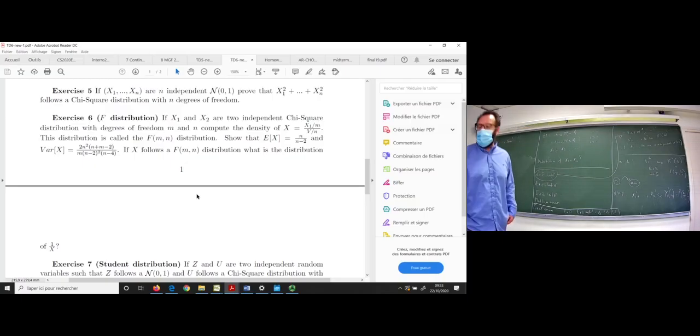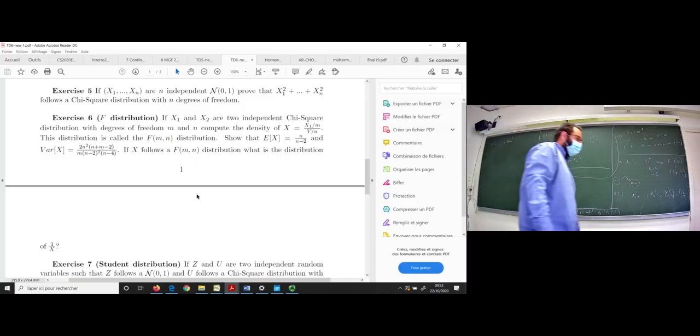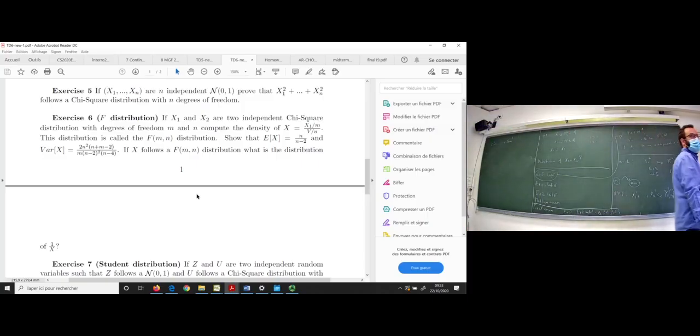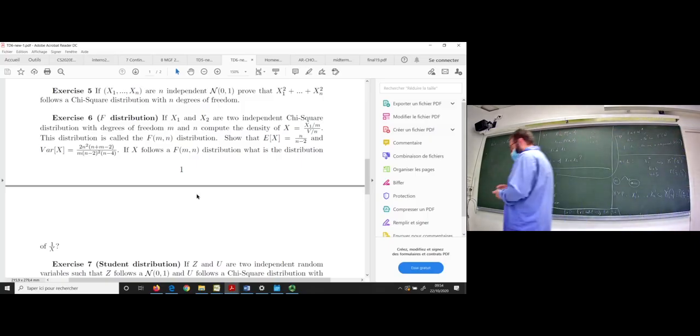As usual, when you do an induction, the idea is to see how I can use my induction hypothesis. How can I use the fact that the sum of the n first squares is a chi-square of parameter n? How to make appear what I know here?